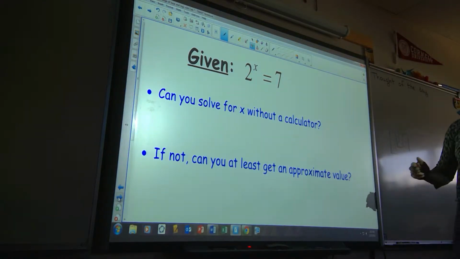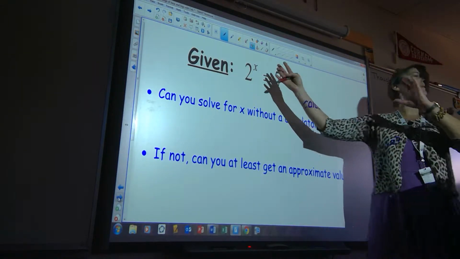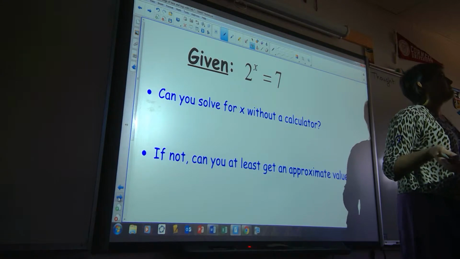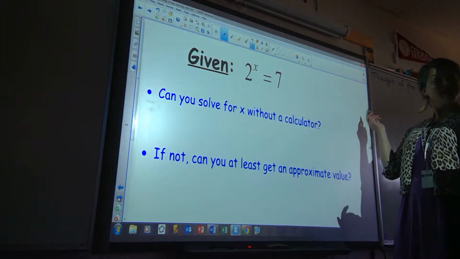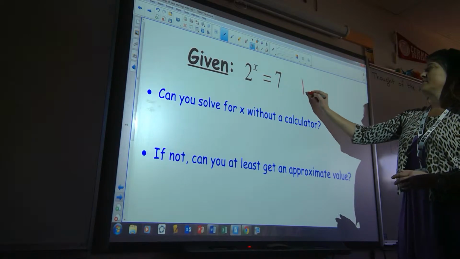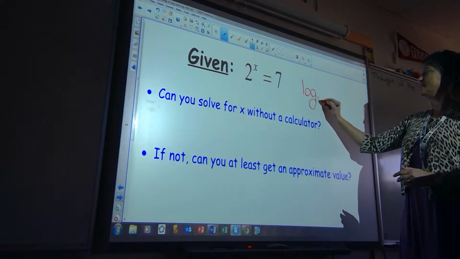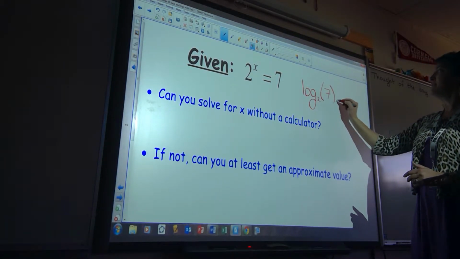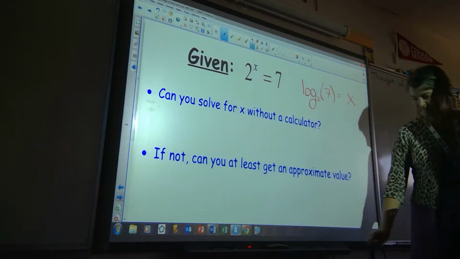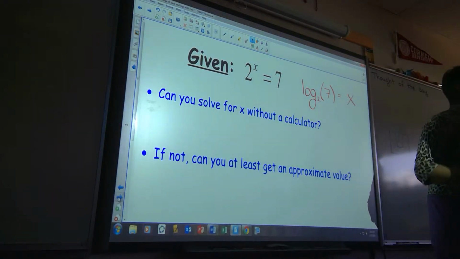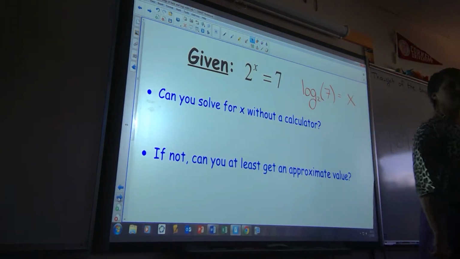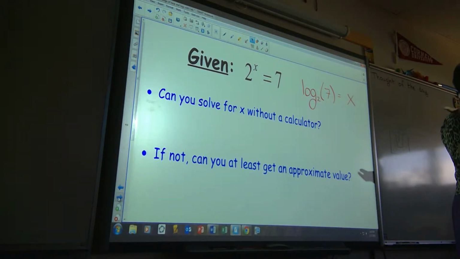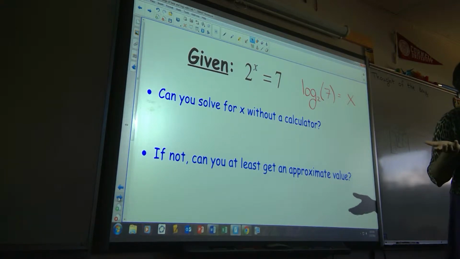All right, so you could probably guesstimate that this is close to a 3. But if we need the exact answer and we tried to use logs, this would rewrite as log base 2 of 7 equals x. Now, if I say look at your calculator and where's your log base 2 button? There isn't one.